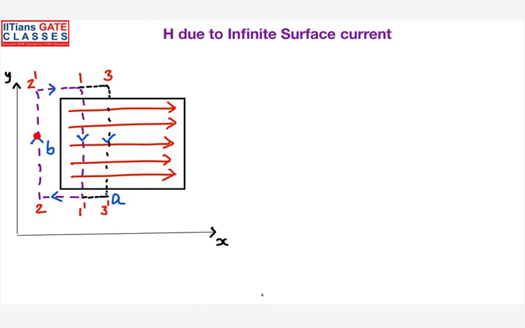So here B is perpendicular to the current density. So the total current enclosed by this sheet, I, is equal to K into B. Good. Now, first of all, the surface current has to be enclosed with a closed line.